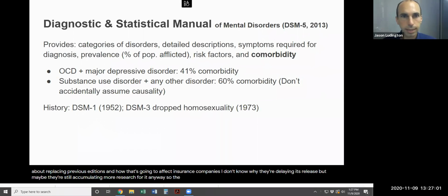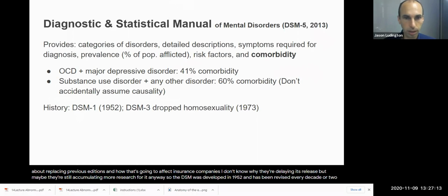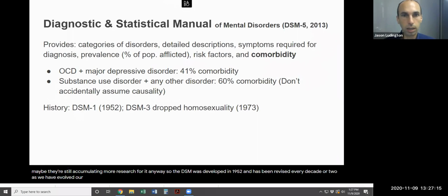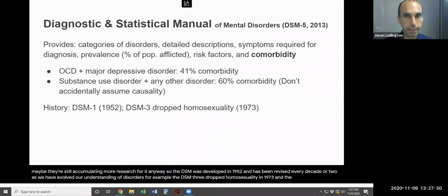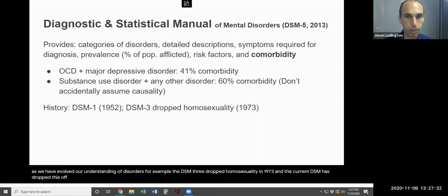the DSM was developed in 1952 and has been revised every decade or two as we have evolved our understanding of disorders. For example, the DSM-3 dropped homosexuality in 1973, and the current DSM has dropped disorders that were mentioned in the previous DSM-4.